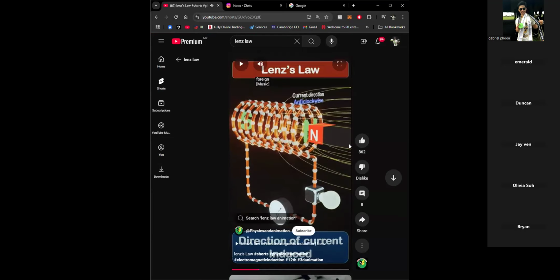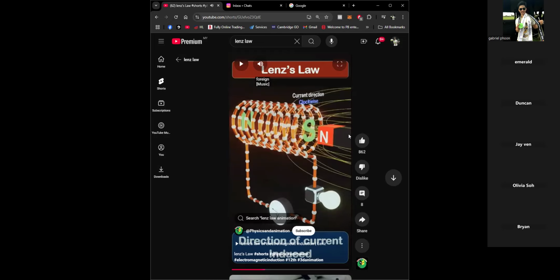So you see, when the magnet pushes inwards, because this magnetic field is cutting through this coil, it will generate current. When this coil generates current, it will produce a temporary north pole here. But as soon as I start pulling the magnet away, this coil will produce a temporary south to oppose my motion again.